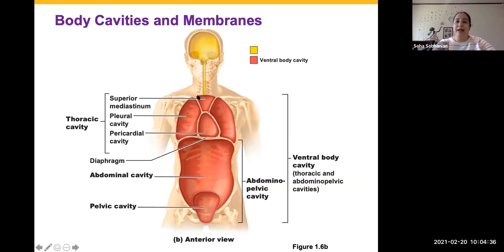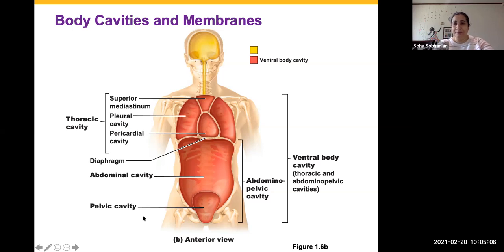Anything above the diaphragm is called the thoracic cavity. Anything below that, in general, is called the abdominal pelvic cavity. And honestly, guys, if you just look at the word, it's pretty self-explanatory. When you see abdominal pelvic, it means we're talking about the abdominal cavity and the pelvic cavity, right?